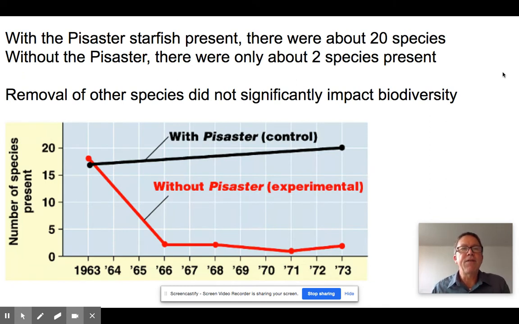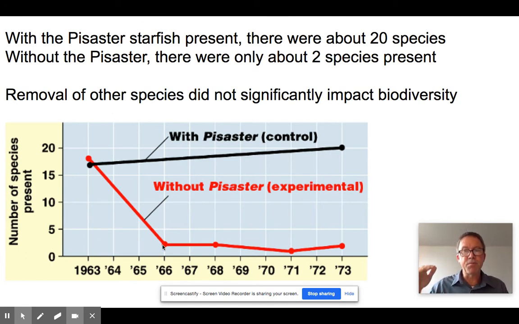Here's a graph I think is kind of interesting. Basically, what this researcher did is he took different regions of shoreline and left the starfish in certain areas as a control. This is Pisaster, the starfish that eats mussels. And then he removed them from another area. What they found was that, as the years went by, the number of species present plummeted in the area that didn't have the starfish.